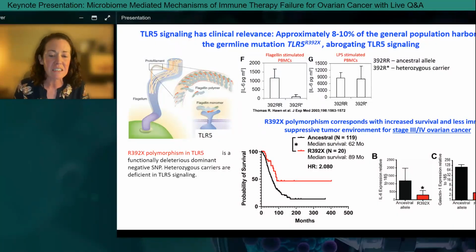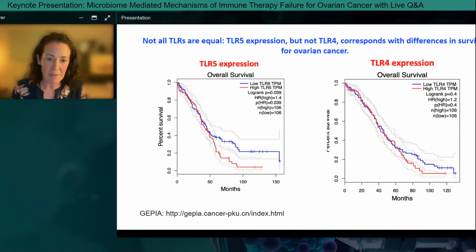And so to dig into this a little bit more deeply, we turn to the GPA database, where we can extrapolate levels of toll-like receptor 5 expression within ovarian tumors. And we quartiled them and compared the high versus the low TLR5 expressing ovarian tumors.